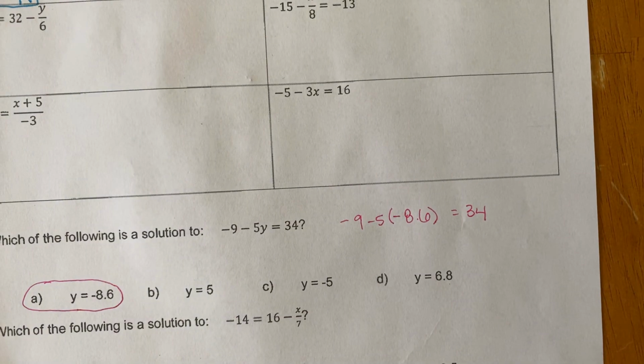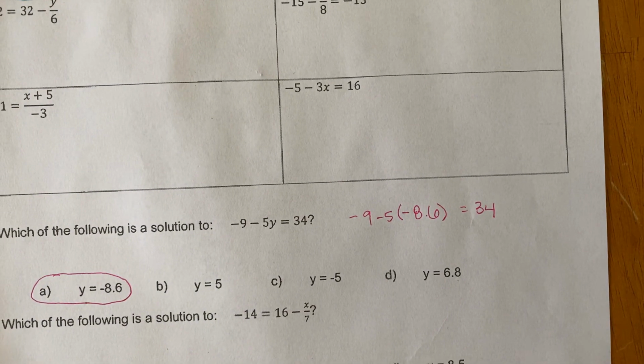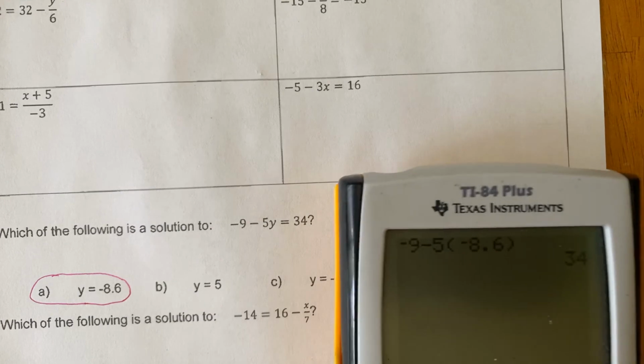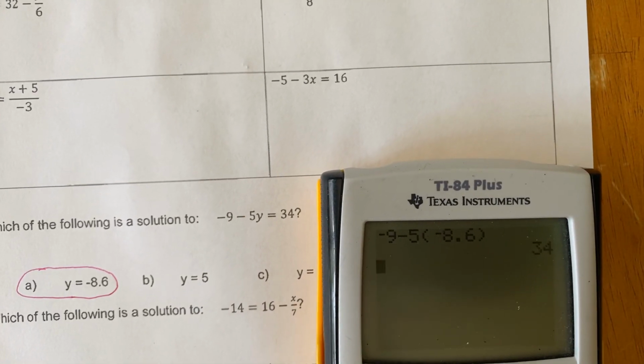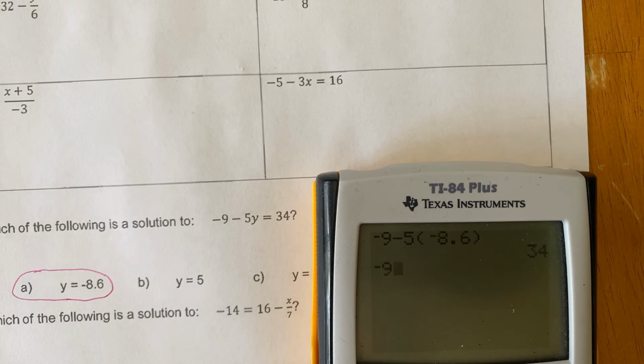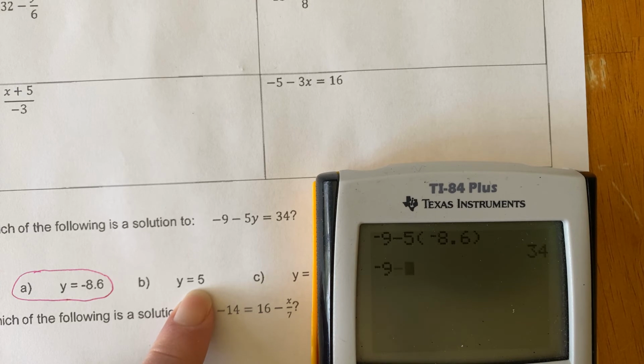Now let's see if any of the other ones make it true, so you can see why the other ones would not be solutions. So if I plugged in 5, for instance, I would have negative 9 minus 5 times a 5 that I'm putting in for y. And we see that that equals negative 34.